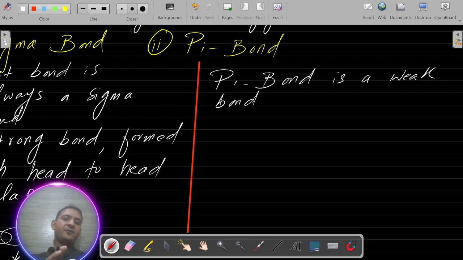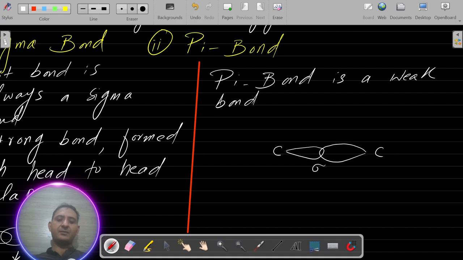When a pi bond is formed, there is a parallel approach. When orbitals are parallel, or you can say side by side, when they overlap with each other, then we get this pi bond. For example, we have this carbon and we have this another carbon. Now one of the bonds is approaching head on head. When this head-on-head approach happens, they are making a sigma bond.